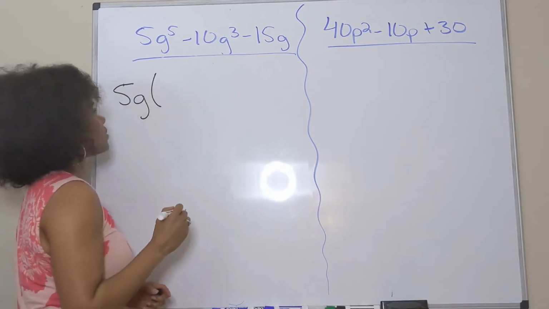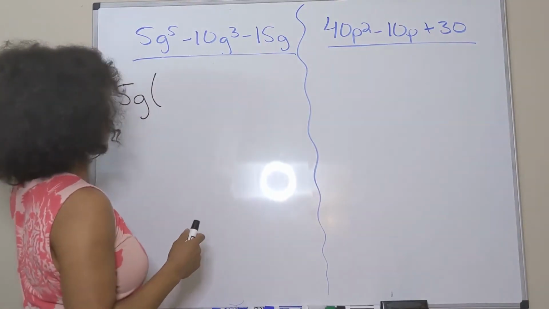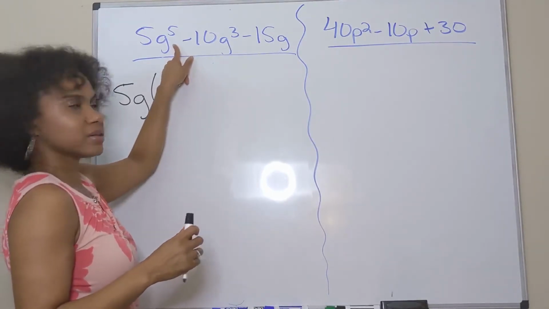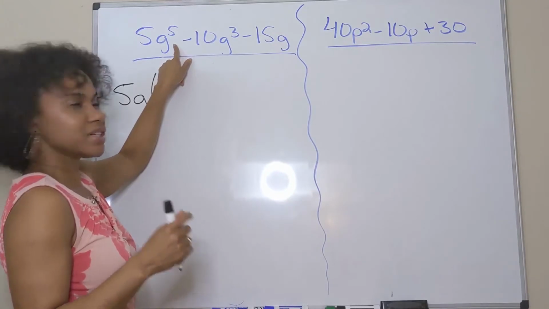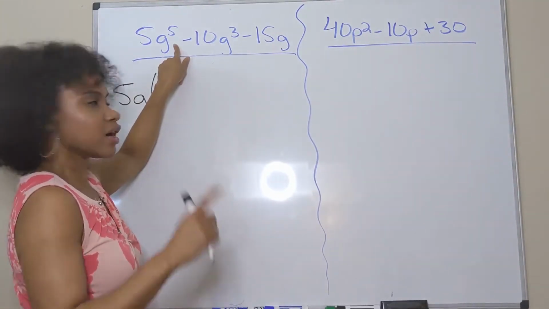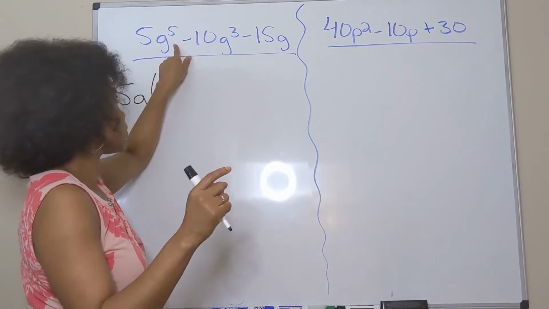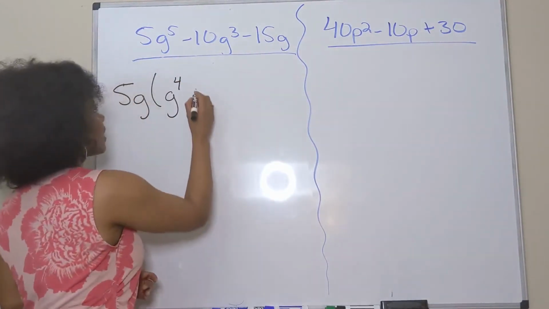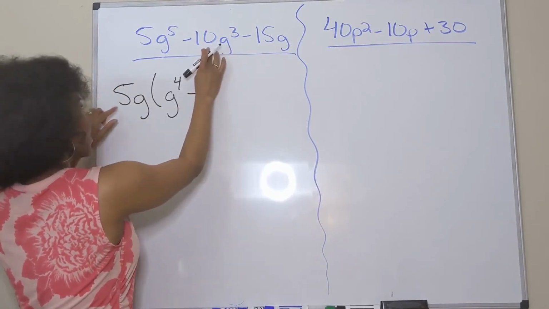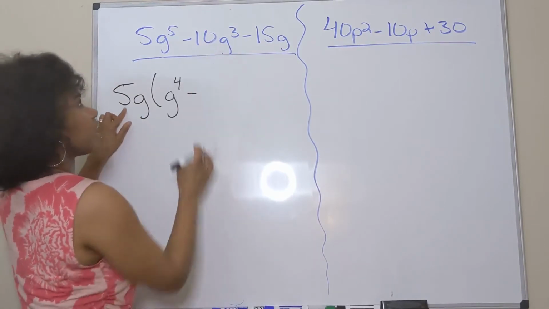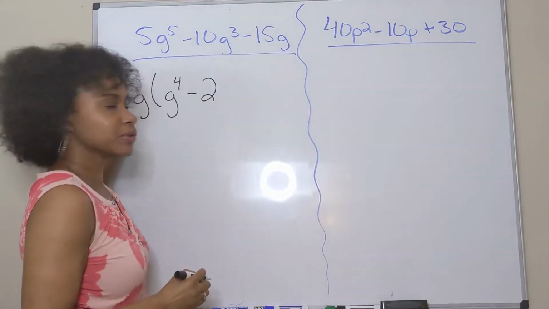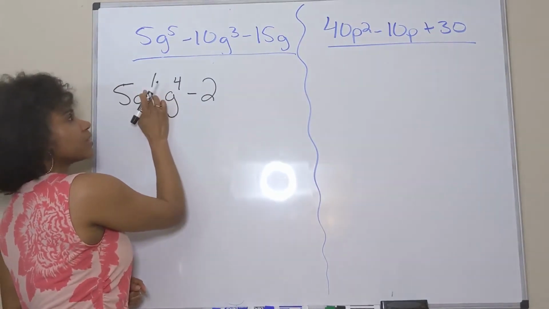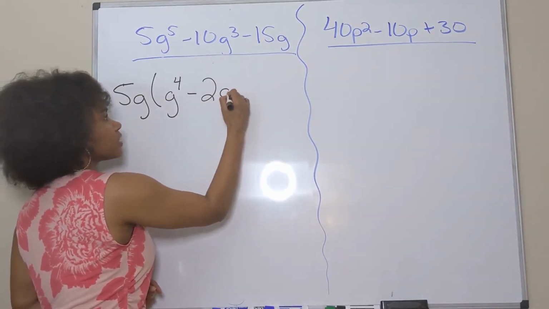All right. So now let's divide. 5 divided by 5 is just 1. And if we take out a g, we have 5 g's here because this is g to the 5th. If we take away one of those g's, 5 minus 1 leaves me with g to the 4th. Minus 10 divided by 5, or negative 10 divided by 5, will give me a negative 2. I took away 1g, so since this has an exponent of 3, 3 minus 1 is 2.